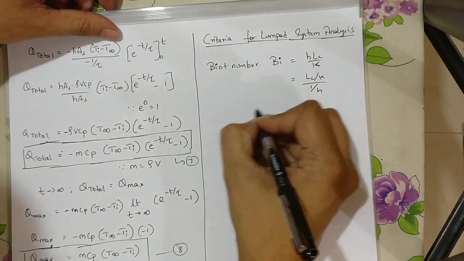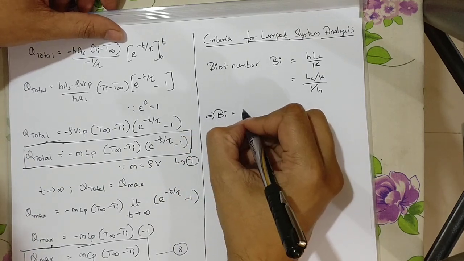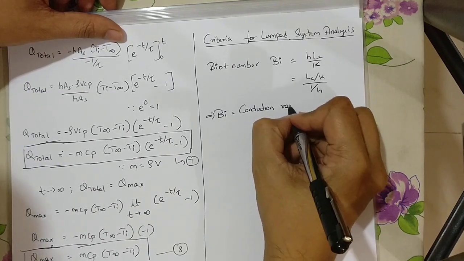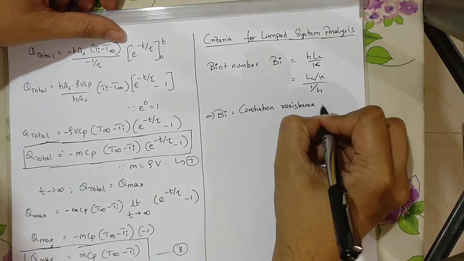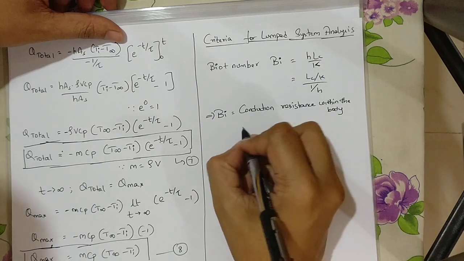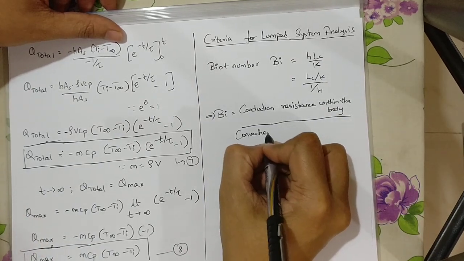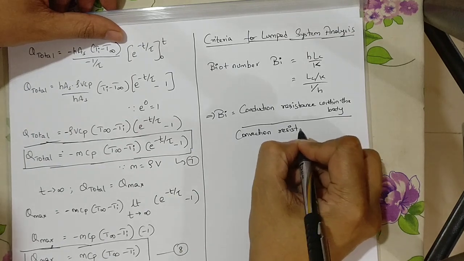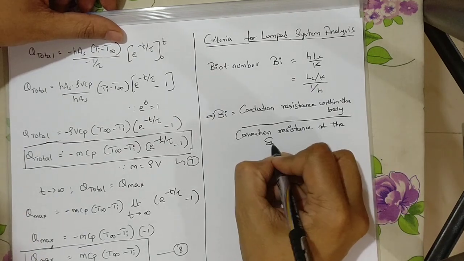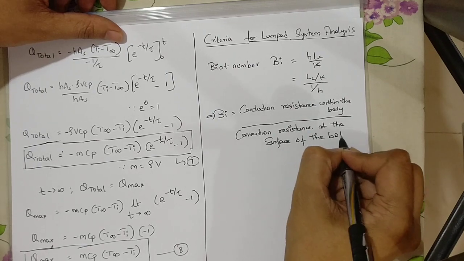Now, what is Lc by k? We all know that Lc by k is the conduction resistance within the body, and 1 by h is the convection resistance at the surface of the body.